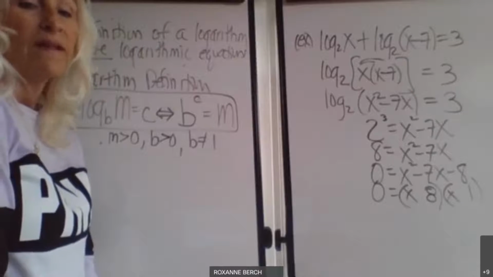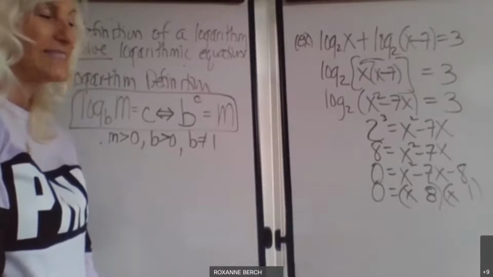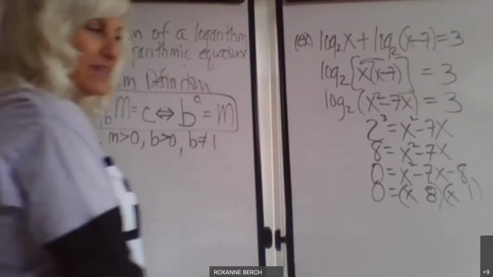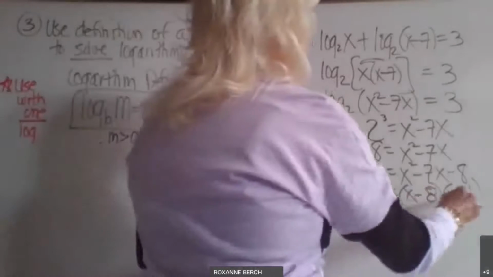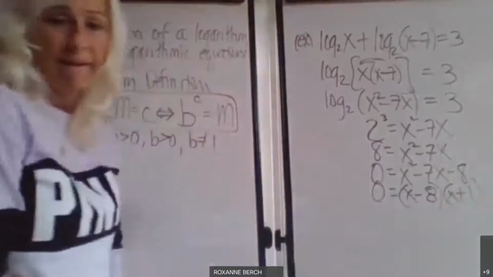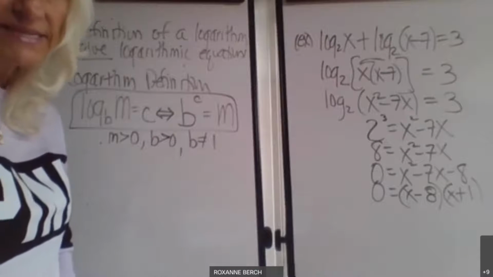One and eight. Thank you. Where are the signs? Is it a negative 8 or positive 8? You have to add to get a negative. So wouldn't it be a negative 8 and a positive 1? Yes. So what are your possible solutions?